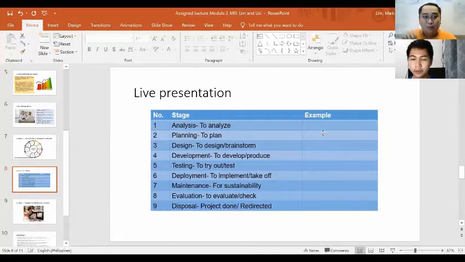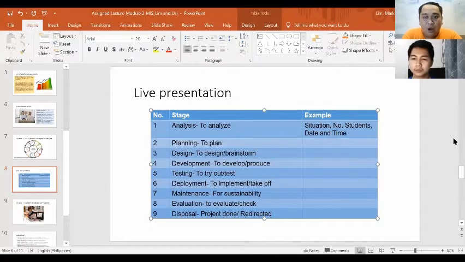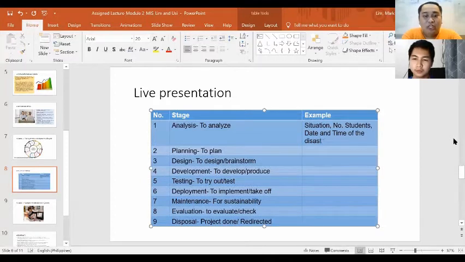Before you proceed to a particular school in conducting psychosocial provision, you need to analyze the situation in the school, the number of students perhaps, the date and time of the disaster or emergency. So you need to discuss and know about these things.